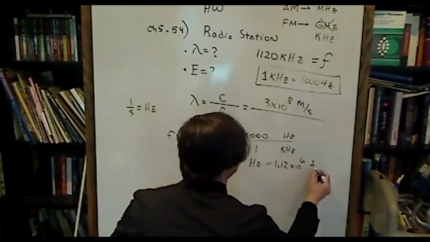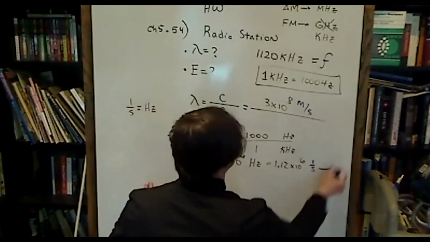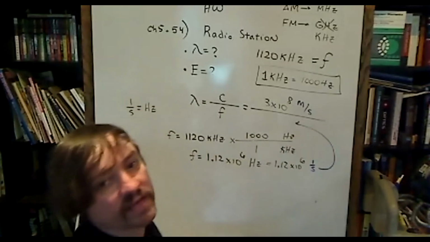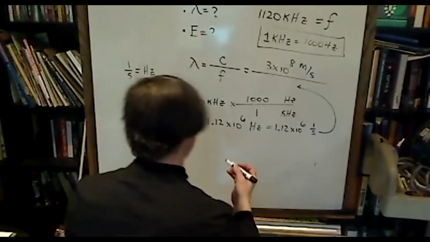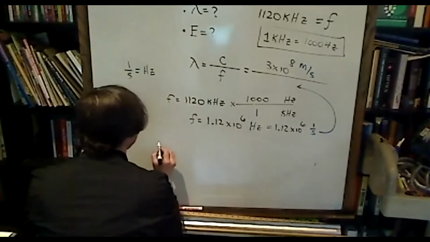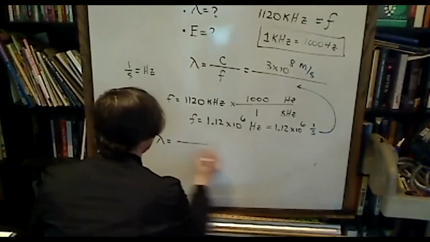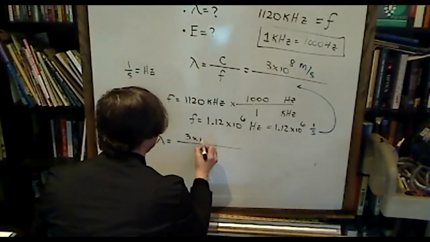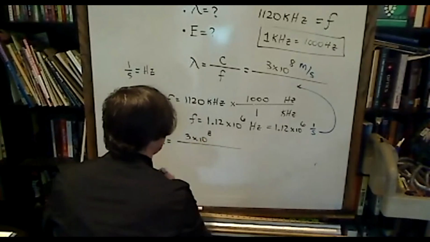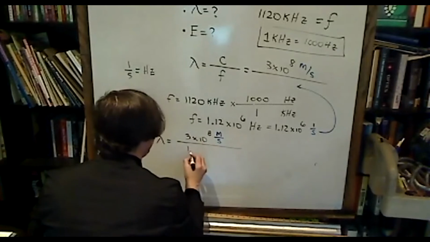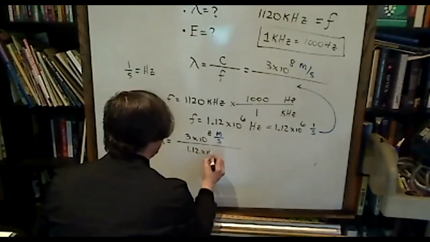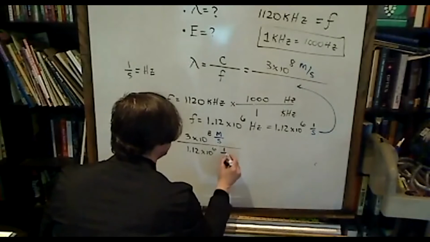That's what we want to put into our calculation up here, because now it's in MKS units, correct? Okay, I'll just take that as a bigger time yes. So we'll calculate our wavelength as 3 times 10 to the 8 meters per second divided by 1.12 million cycles per second.